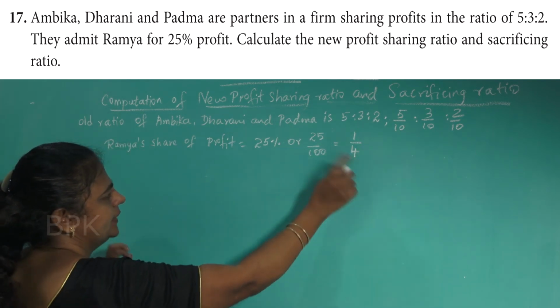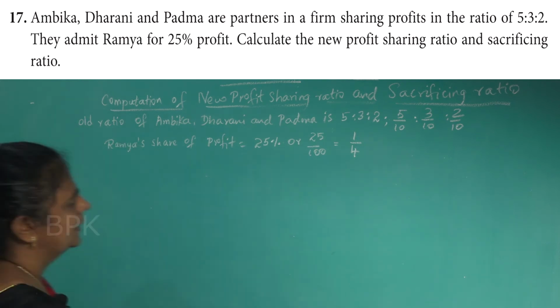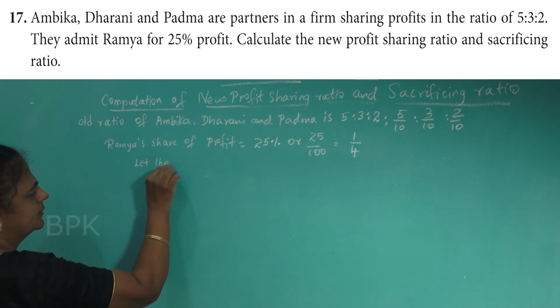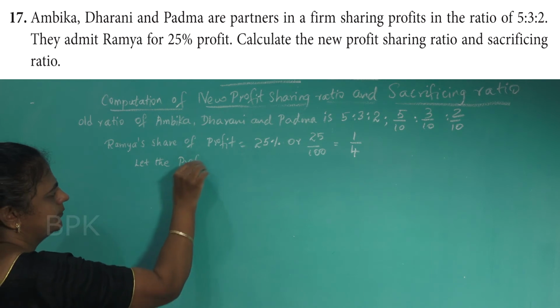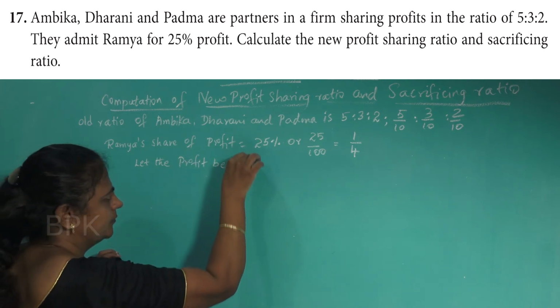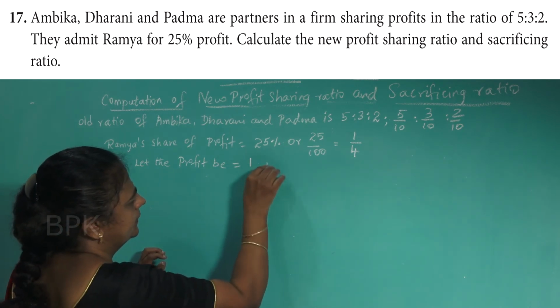Whatever the profit, in that 1/4 must go to Ramya. Again, we don't know what the profit is, so let the profit be 1. Okay. So find the remaining share.